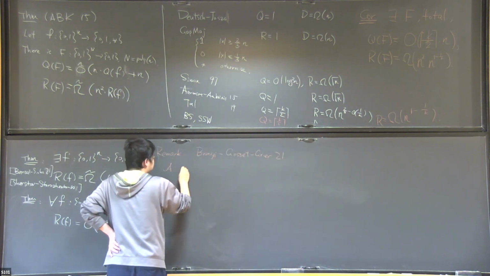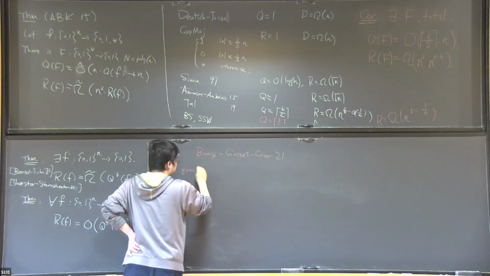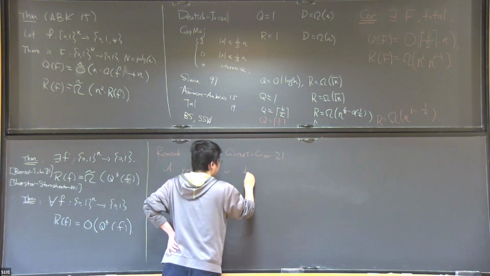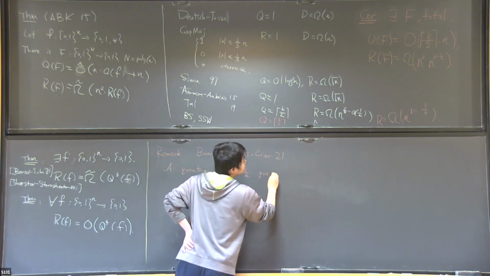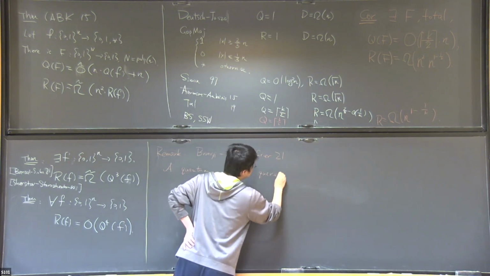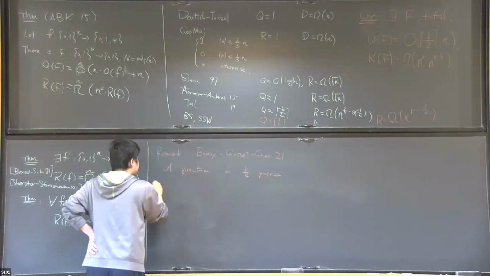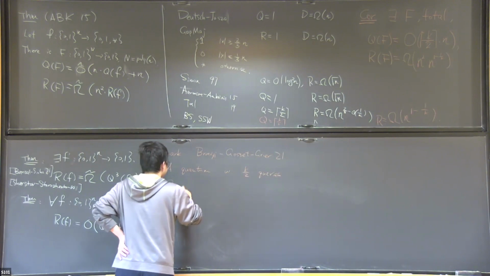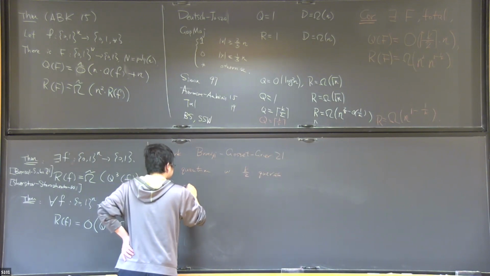So if you have a quantum algorithm with k/2 queries, let's be aligned, then you also have a classical algorithm. This classical algorithm will simulate the quantum algorithm.